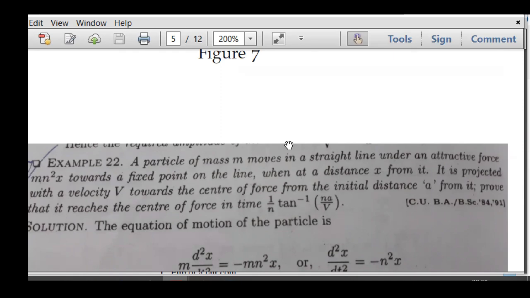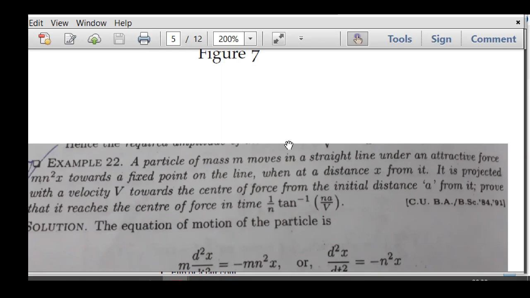Achha, for doing any problem in particle dynamics, not only this motion in one line, whatever problem we will do through our course, one thing you have to keep in mind: whenever the question is given, please try to read it properly, so that you get the information which is given there. Once you get the information, we will use it to draw the figure, to sketch our reference frame.